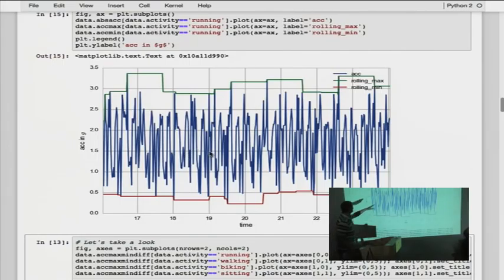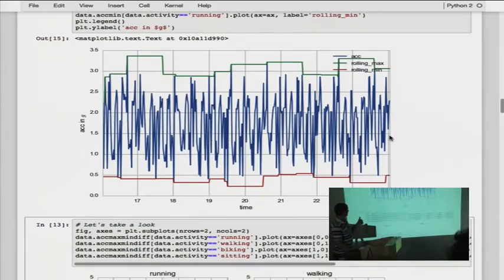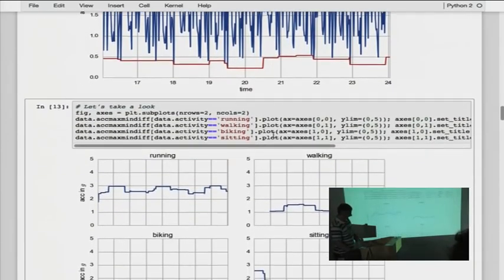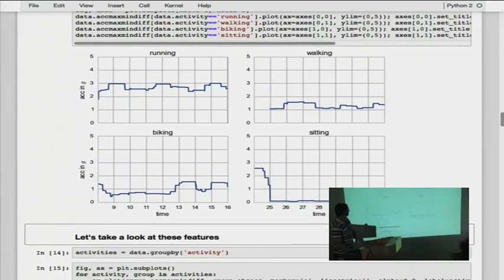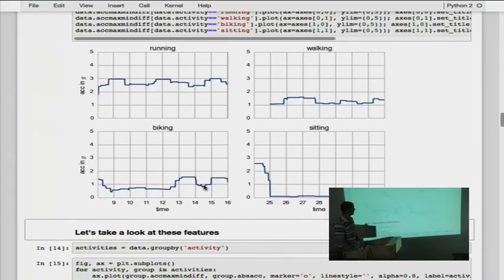You can think about it as a hull curve on top and on bottom, and the difference between is the difference of the absolute acceleration. So that's the first feature. It looks like this. While sitting, it's nearly 0. Walking, running, nearly 3. And while biking, it's 1 something.